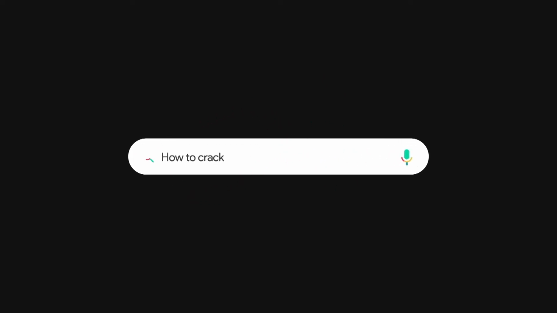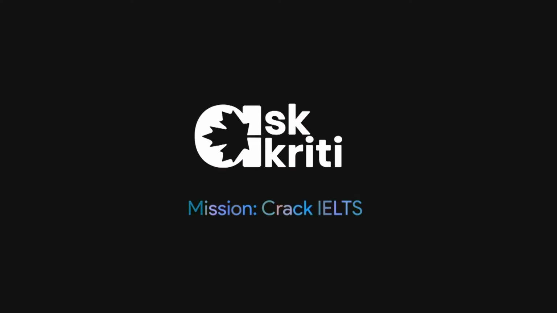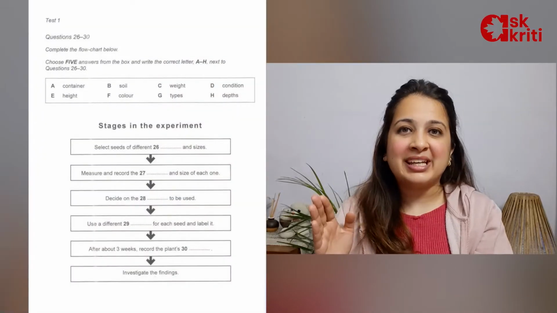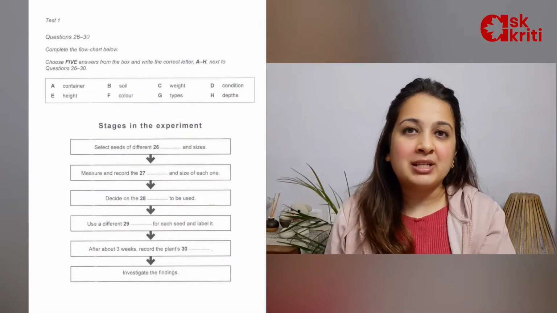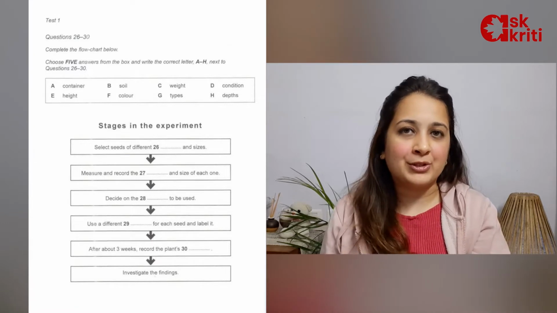Let me show you a demo on how we can attempt without listening to the audio. Taking this first question, as you can see, we have a couple of options on the top.